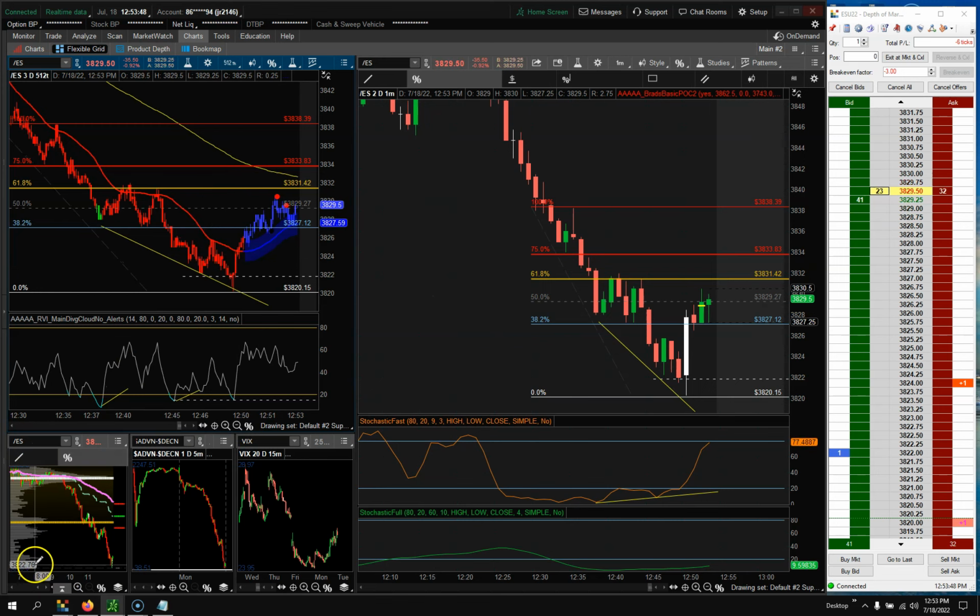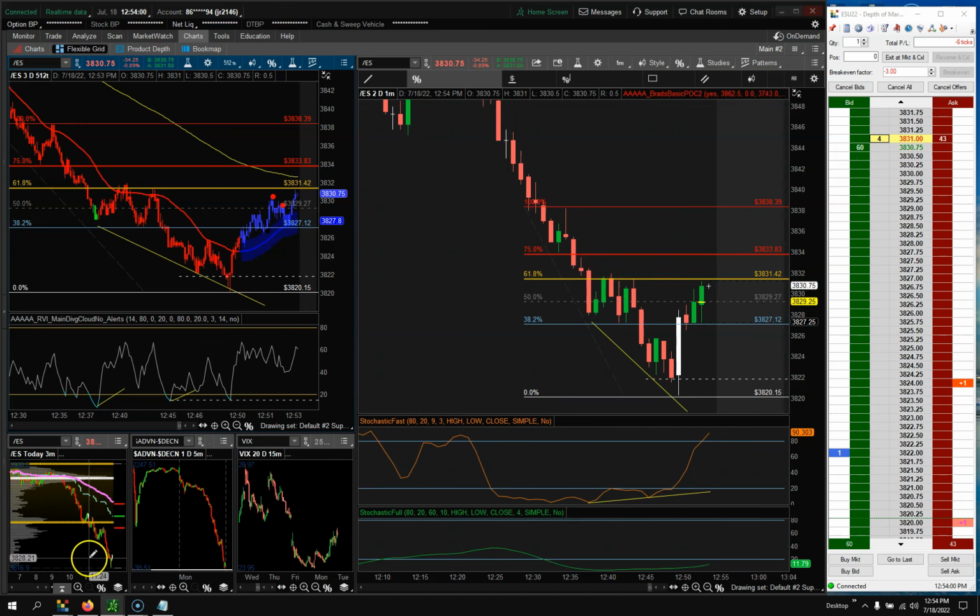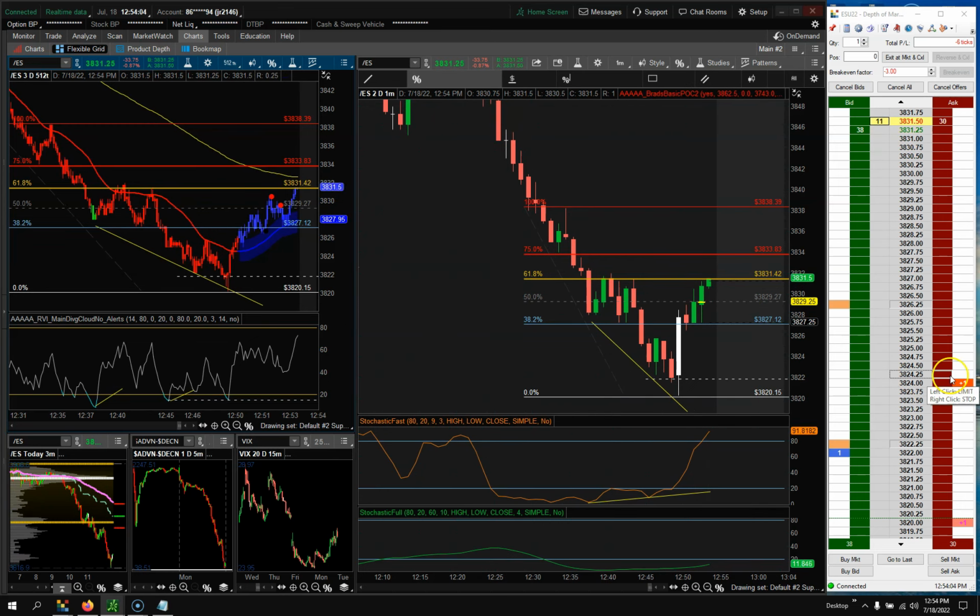Down here, my holy grail, market profile, today only, right? Look at this little point of control starting to grow, right? Maybe we churn around it and then by the end of the day, pull this down. No. There's really not that much time left, but let's throw our order in, right? At 33.